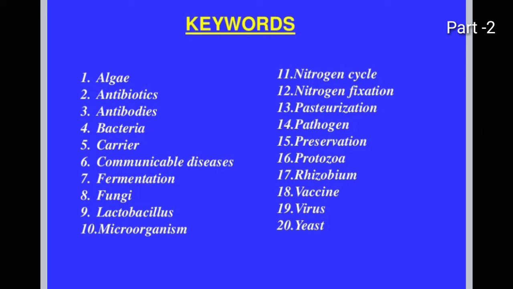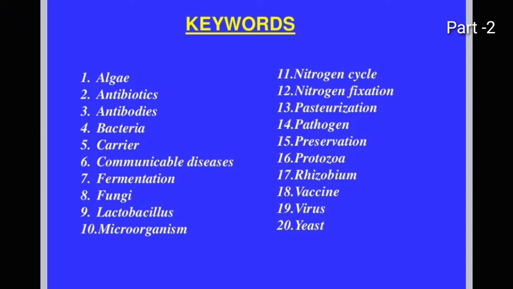Then microorganisms. This chapter was all about microorganisms: they are very small, where they live, and what they feed upon. We have all studied the cycle of microorganisms. Next is the nitrogen cycle: what the nitrogen cycle is and how nitrogen fixation is done.